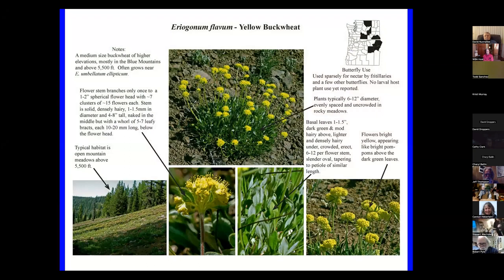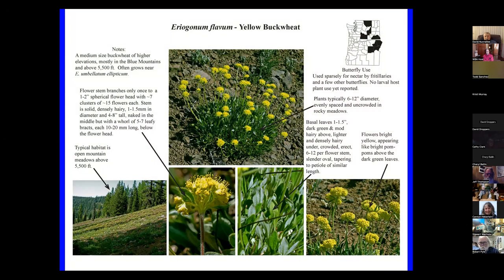This is Eriogonum flavum. This is a kind of buckwheat that many people have not seen at all. Basically this occurs in the Blue Mountains. It has been mapped to other areas by the University of Washington herbarium site, but I've never seen it anywhere else.